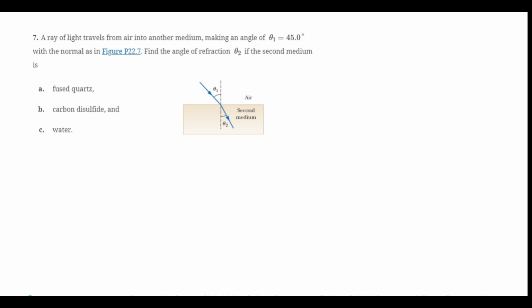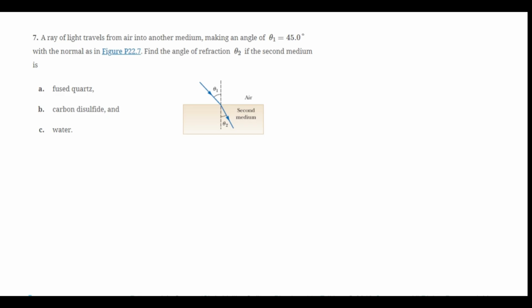Let's say that a ray of light travels from air into another medium, making an angle theta 1 equal to 45 degrees with the normal. Find the angle of refraction if the second medium is fused quartz, carbon disulfide, and water.